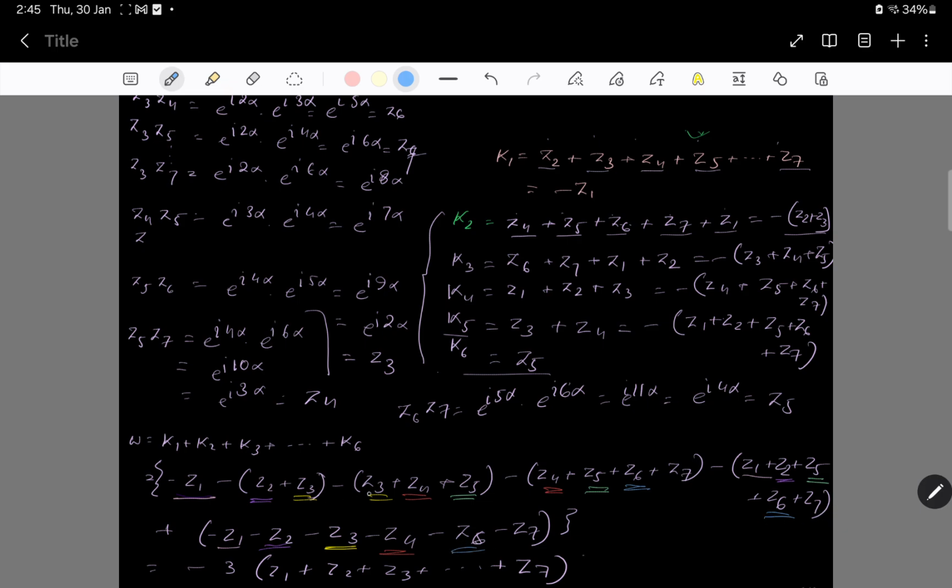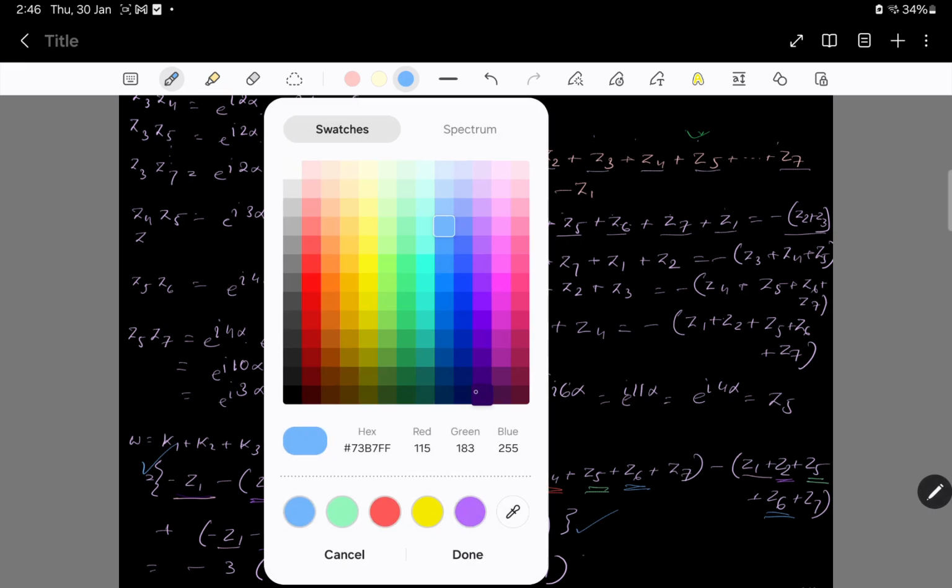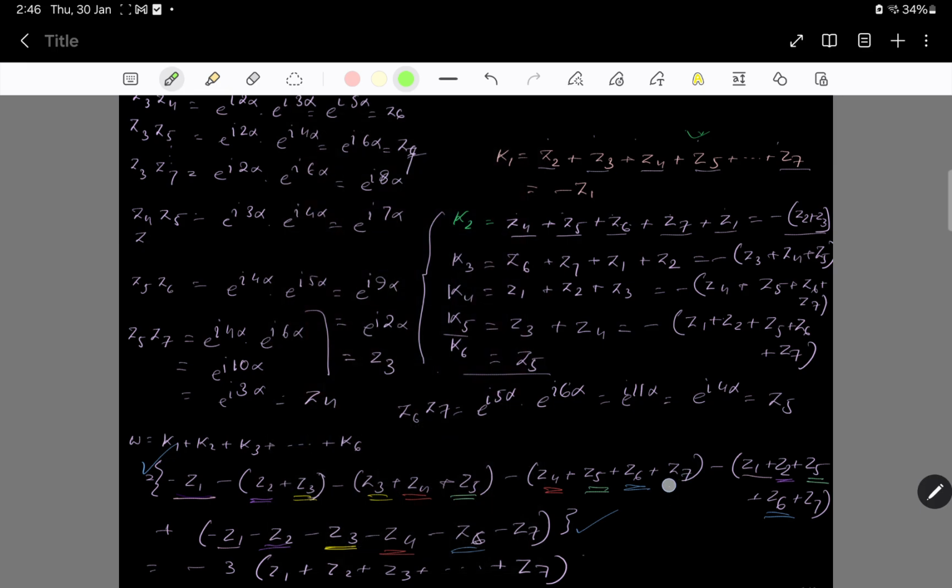So maybe here I'm just using the brackets, and here I'm putting everything together inside the parentheses. Every term in this expression, from here to here, has a minus sign in front of it. And last but not least, you can check that z7 also arrives exactly thrice, one here, and one here.